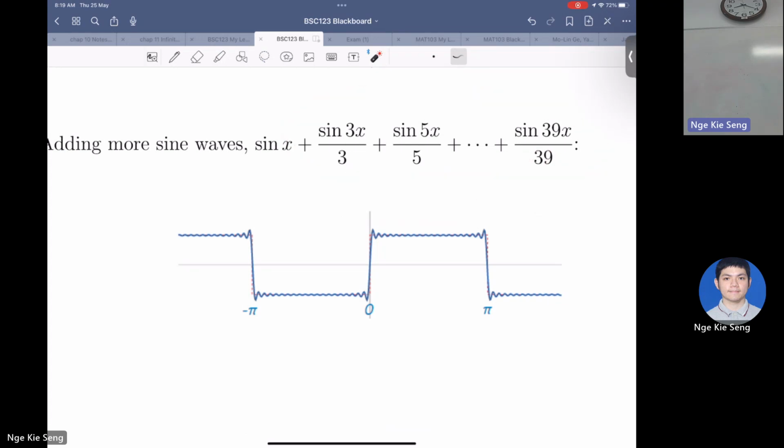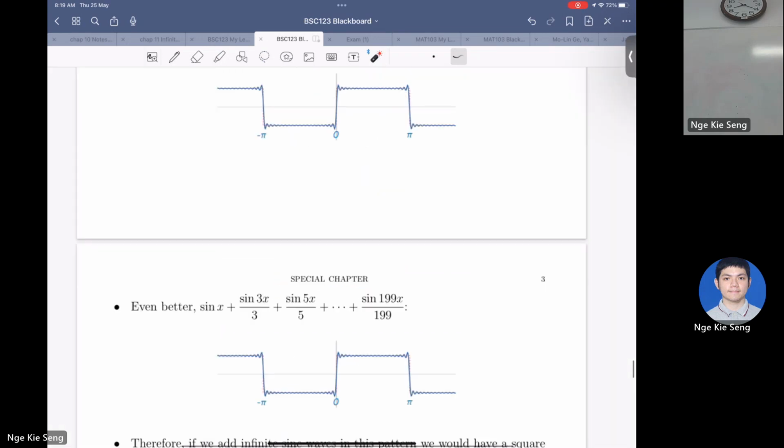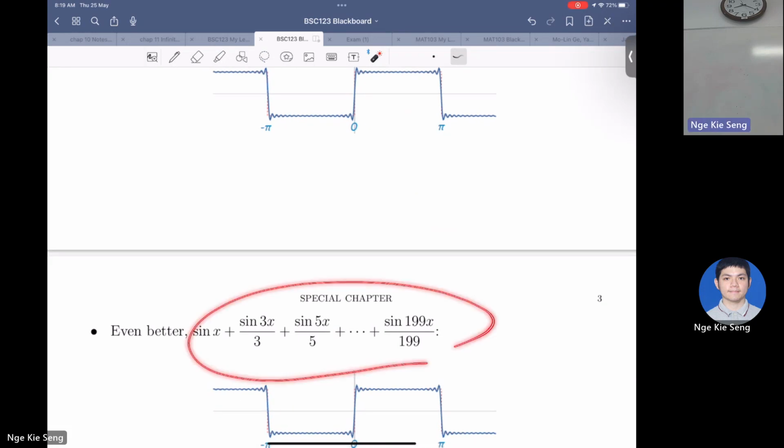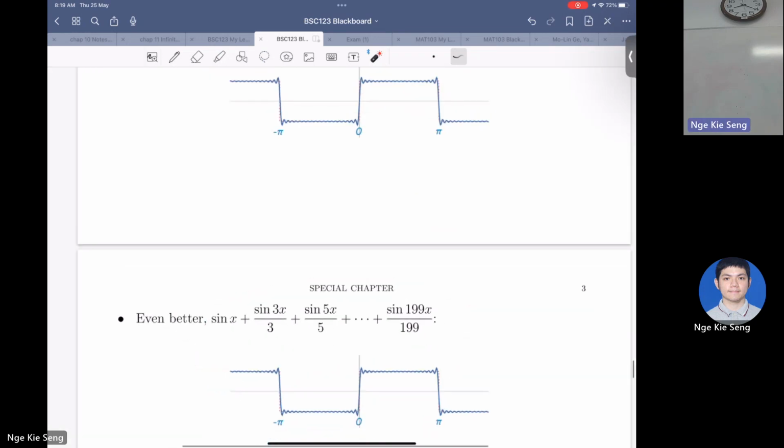If you go up to infinity, it is what we call the Fourier series, and it approximates the original function better. If I go up to 199, you can see the crest getting smaller and smaller.